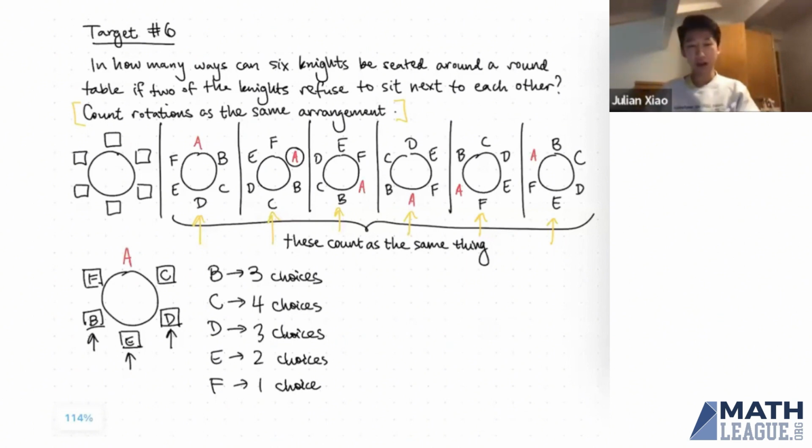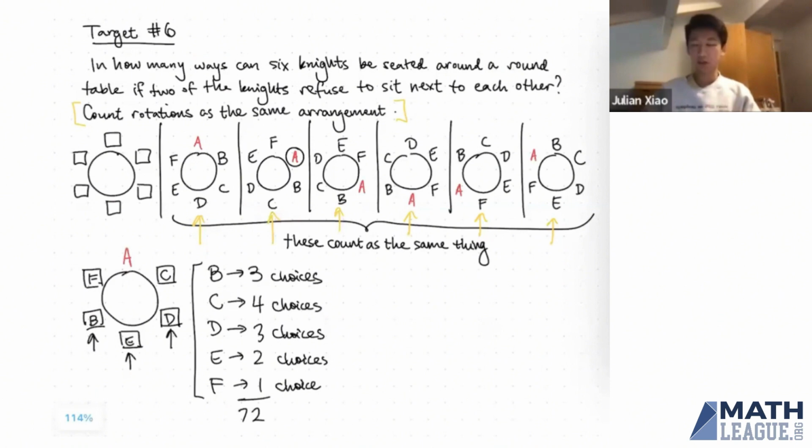All right, so now we have this list of all of the knights and the number of choices that they have. So what you do with this is you multiply them together. And the reason that we multiply is because when you have choices done one after the other, you will multiply them.